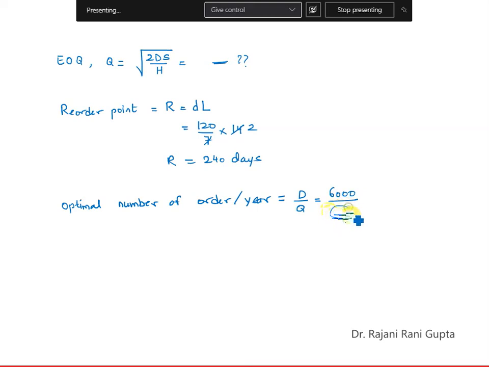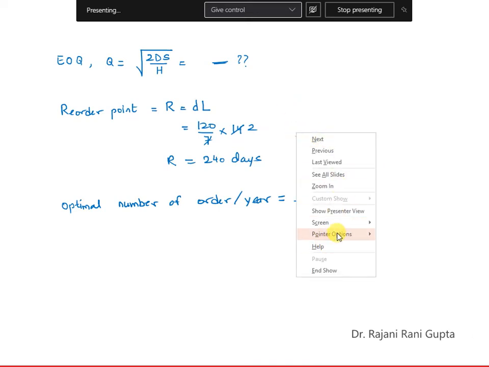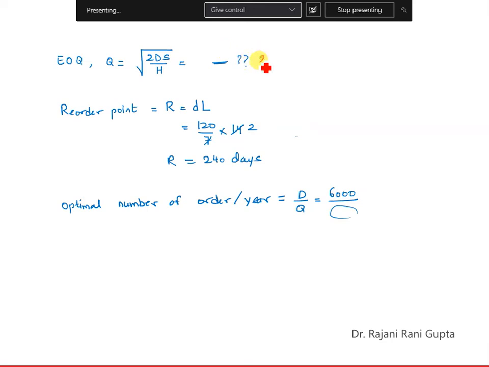So we substitute that value here. I am not doing the calculation, but I will tell you what you will get. This value comes out to be 237.17. After you substitute all these things, you will get this. So you will put 237.17 here. Okay, that will give you the optimal number of orders per year.